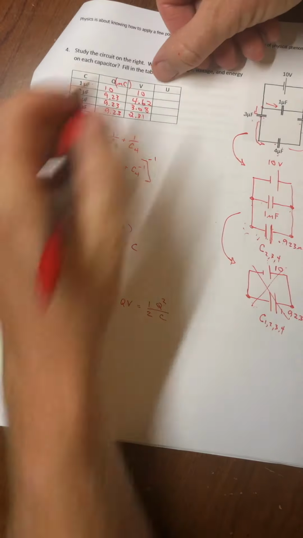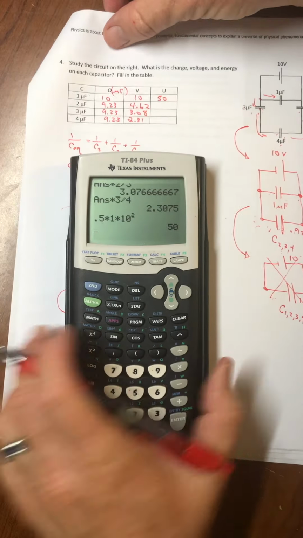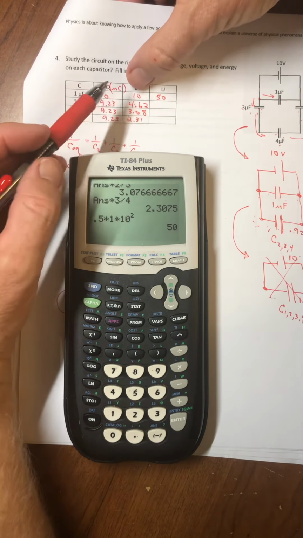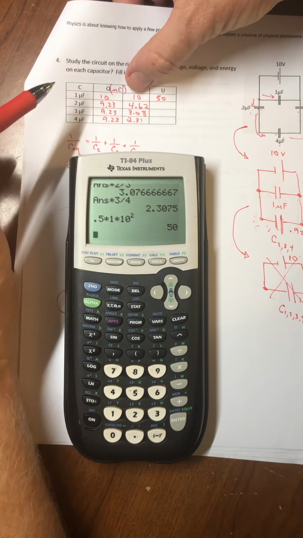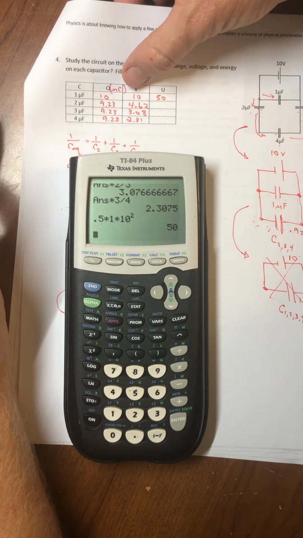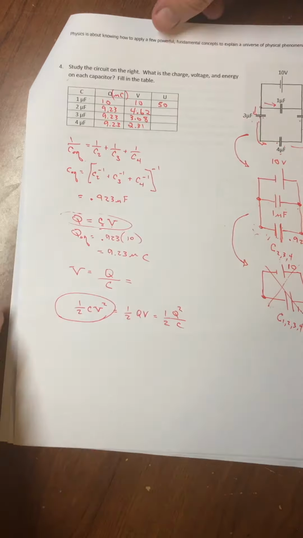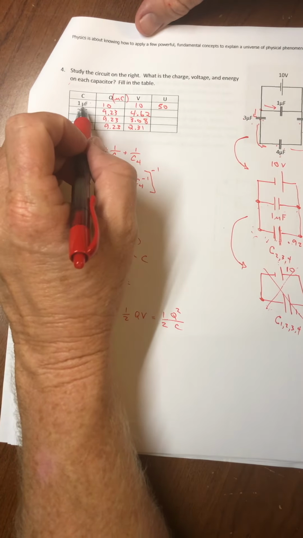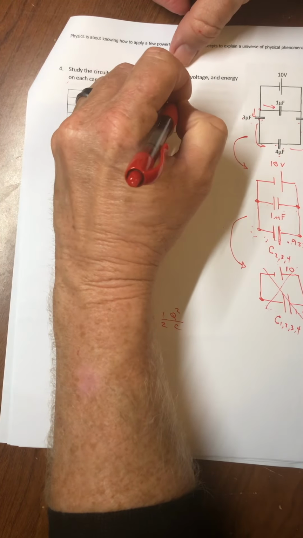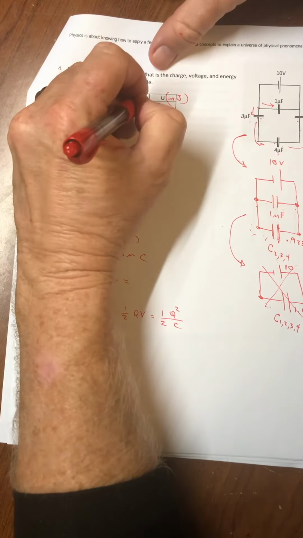And we're looking at 50, although let me be careful with my units. Remember then that this would be volts squared, but this is micro. And I put it in as a 1. So had I not had the micro, this would have come out to be joules, but I do have the micros, so I guess technically that is 50 microjoules of energy. And I guess I should put volts here.